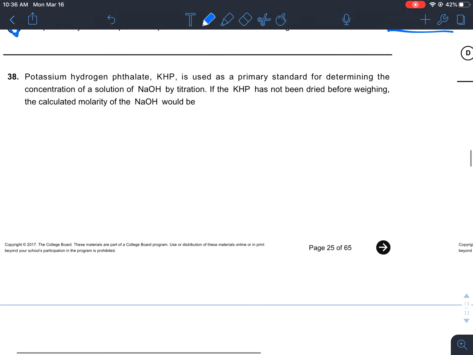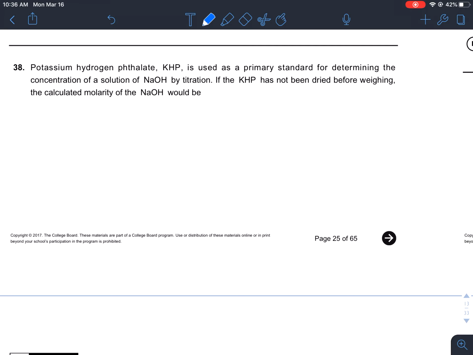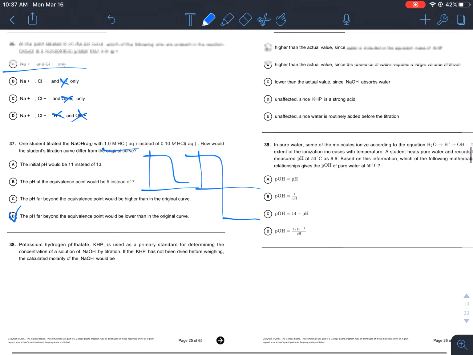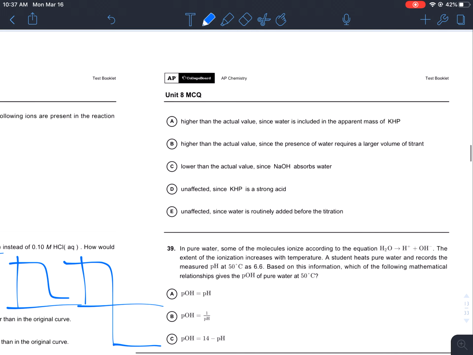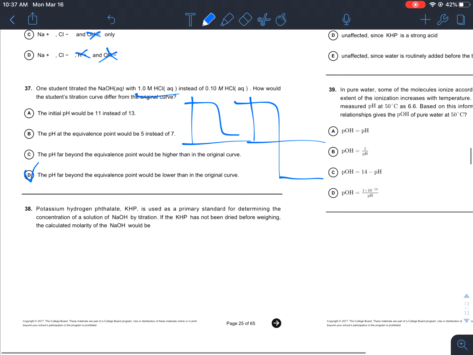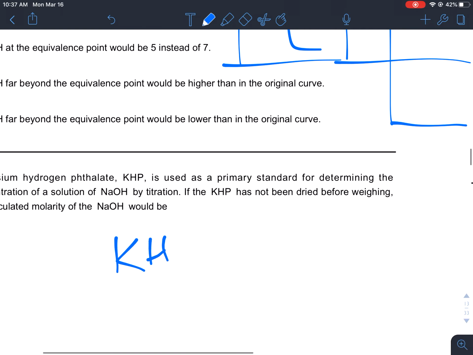Okay, number 38. Potassium hydrogen phthalate, KHP, is used as a primary standard for determining the concentration of a solution of NaOH by titration. If the KHP has not been dried before weighing, the calculated molarity of the NaOH would be... Okay, so I want you to think you have KHP plus NaOH.